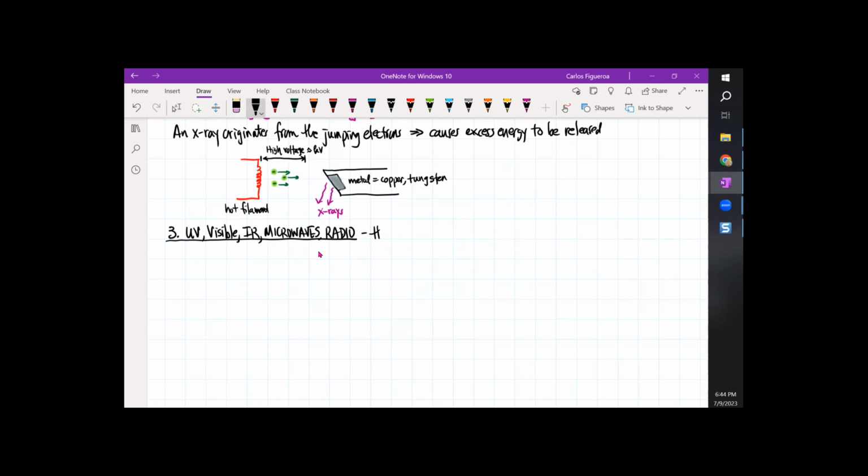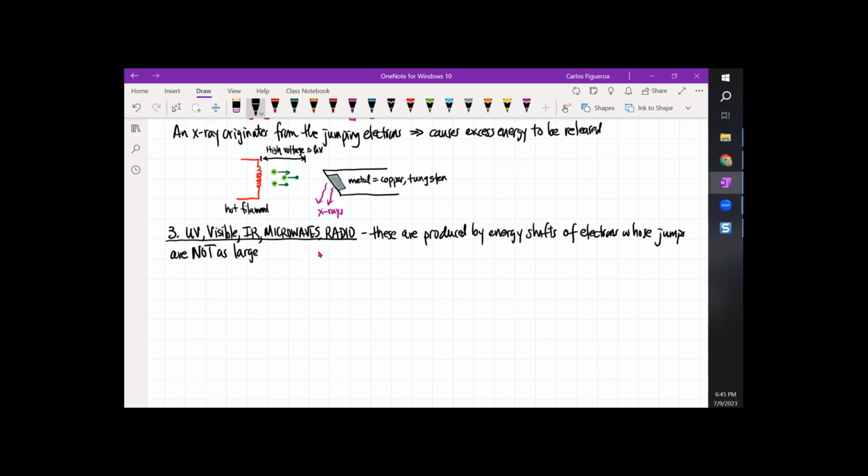So these are produced by energy shifts of electrons whose jumps are not as large.